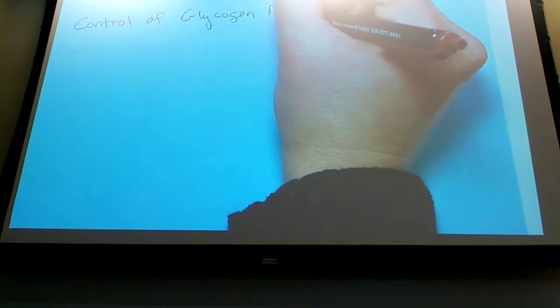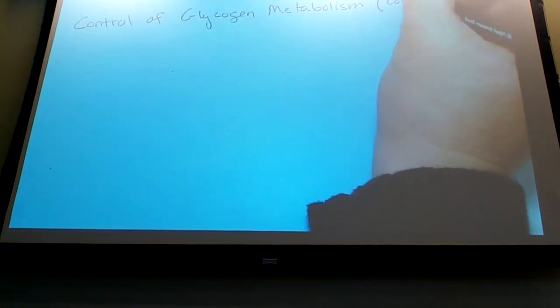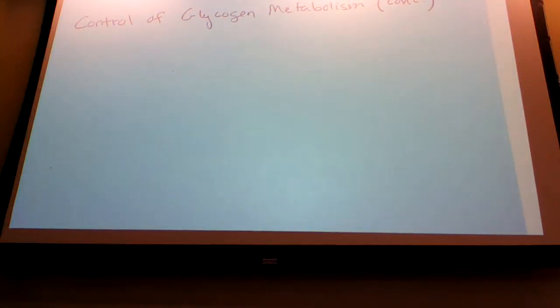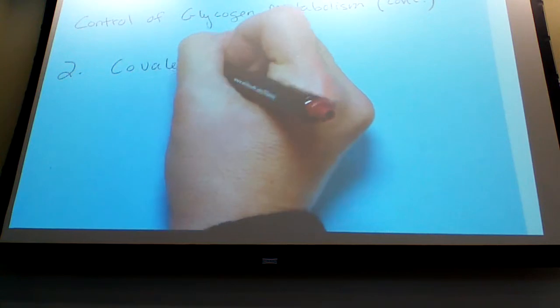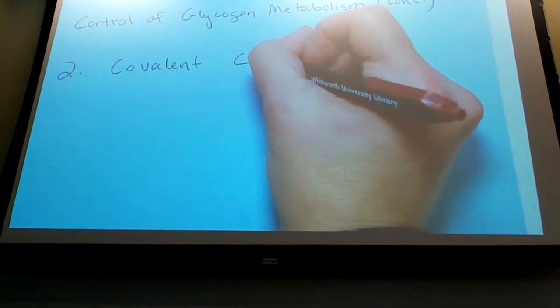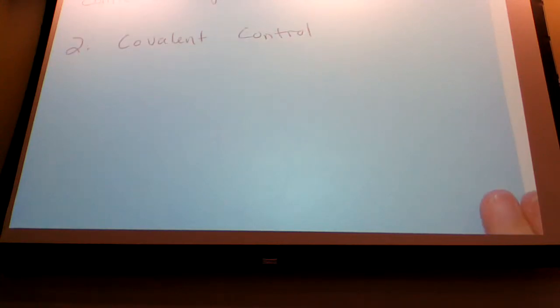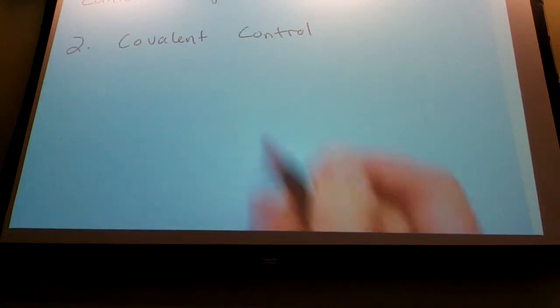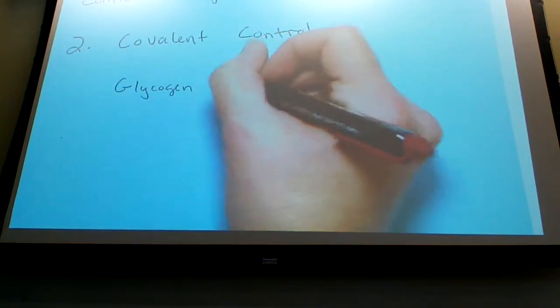Control of glycogen metabolism. Continue. Okay, so we did allosteric control, now we're going to do covalent control. So this is the second type. Alright, so we start with glycogen phosphorylase.